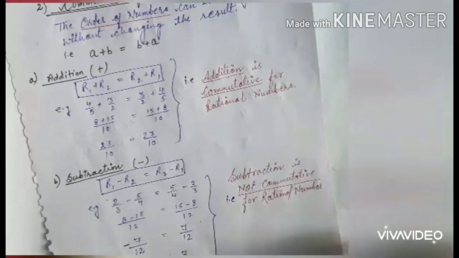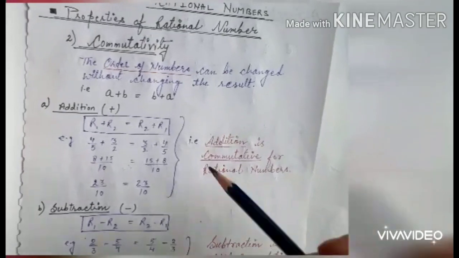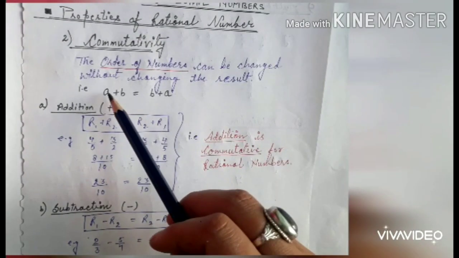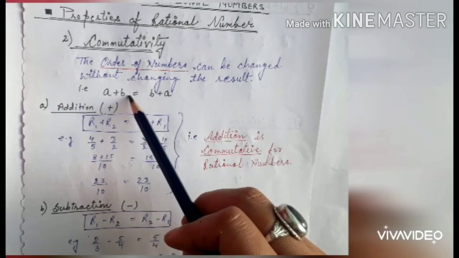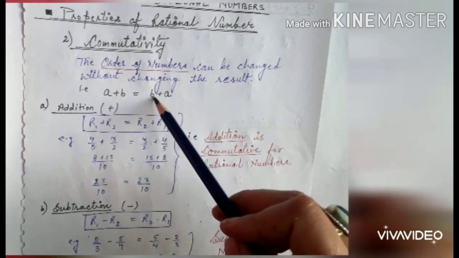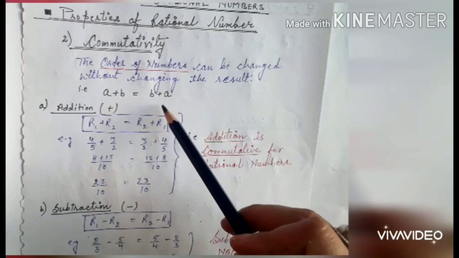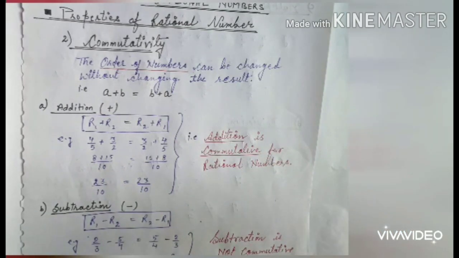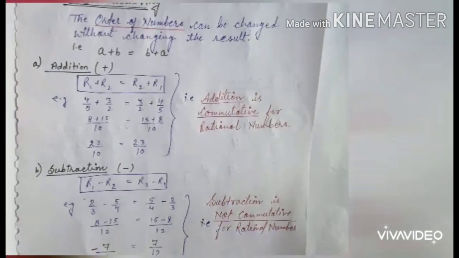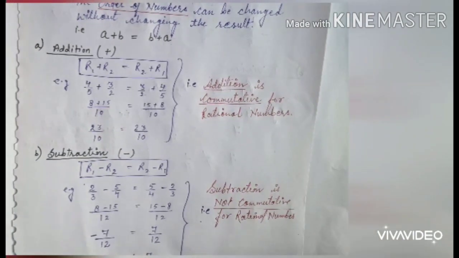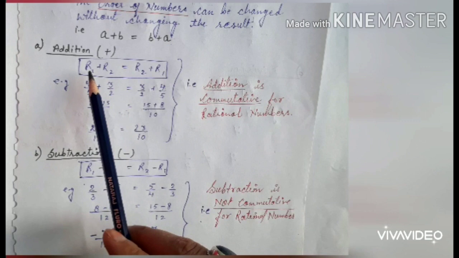Here we take two numbers, A and B. Suppose these are rational numbers. When we add A plus B, or we change the order to B plus A, if both results have the same answer, we can say it is the commutative property.